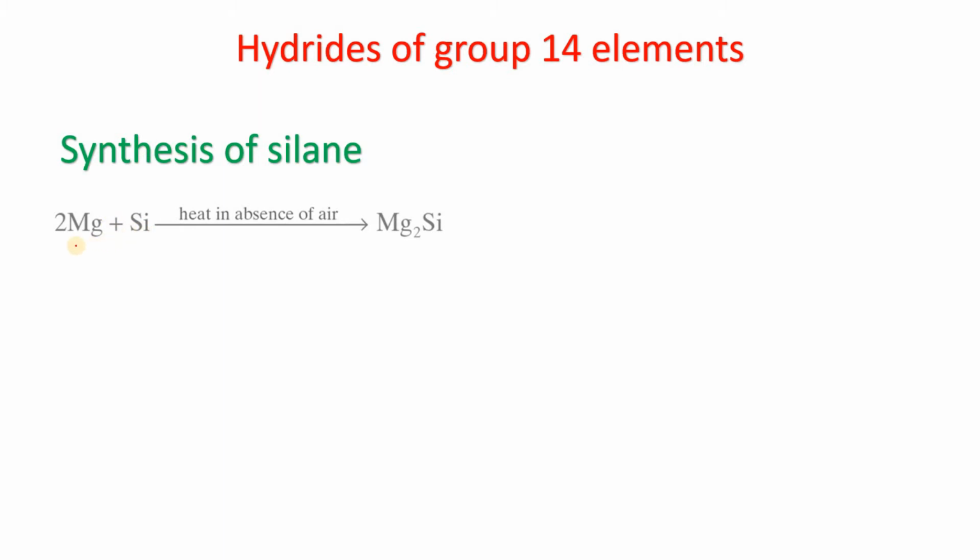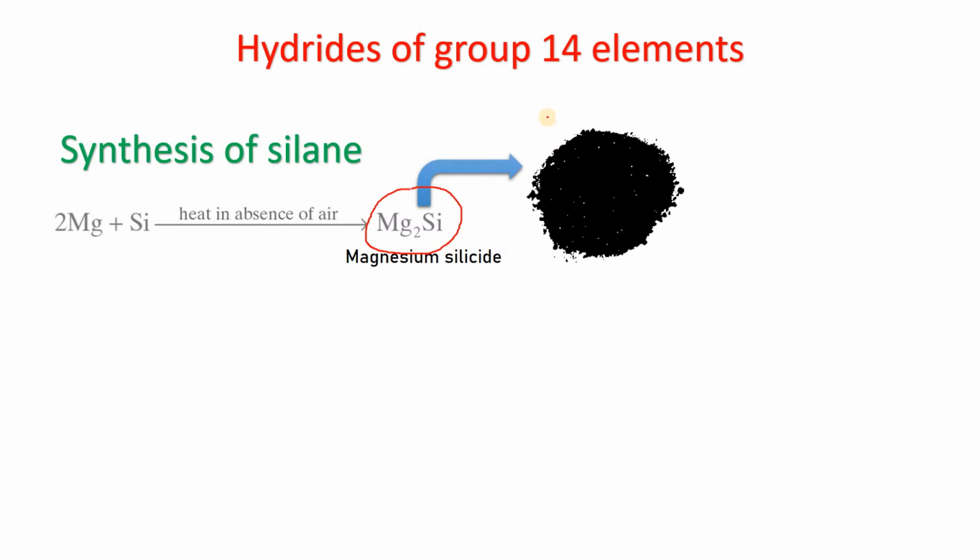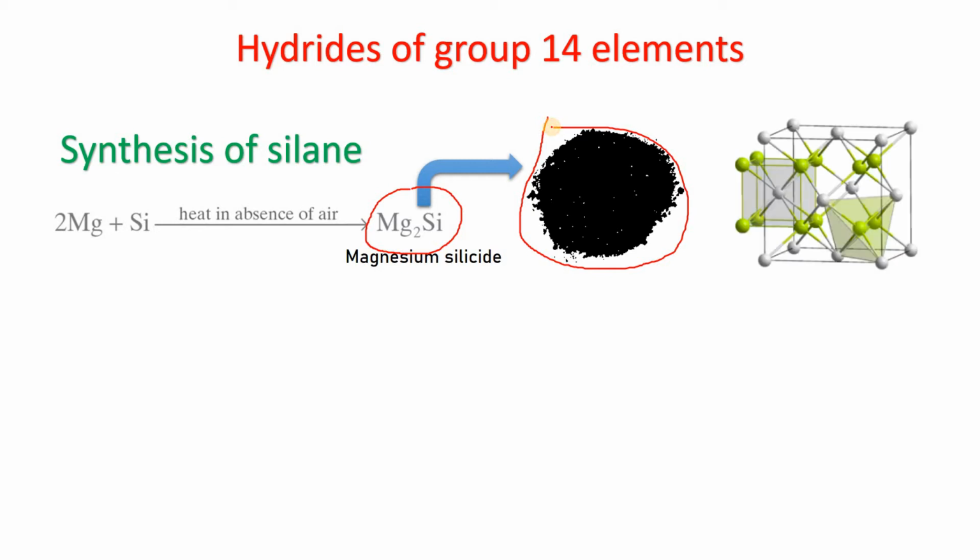When magnesium is heated with silicon in the absence of air, in the ratio of 2:1, you will get magnesium silicide. This compound is a black crystalline powder. The unit cell has an FCC structure, face centered cubic.